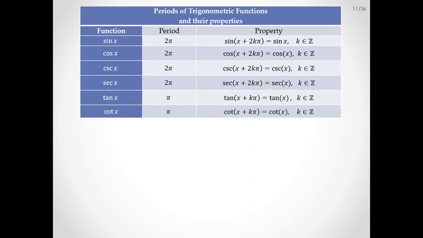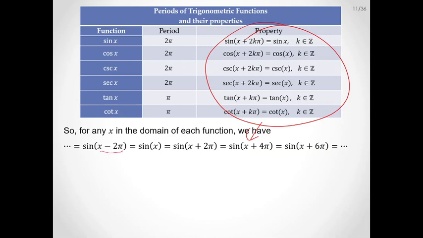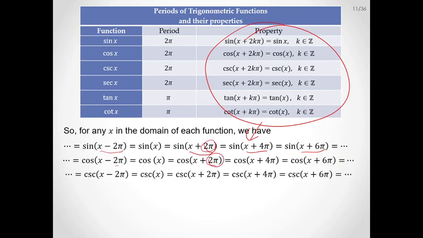So this writing means this: for a fixed x, x minus 2 pi, x plus 2 pi, x plus 4 pi or x plus 6 pi all have the same value. And for cosine, we have the same because the period is 2 pi.